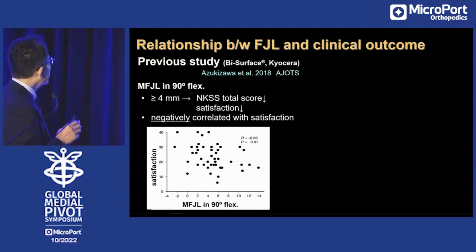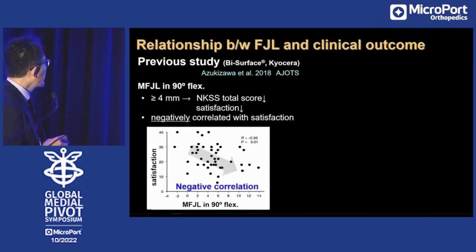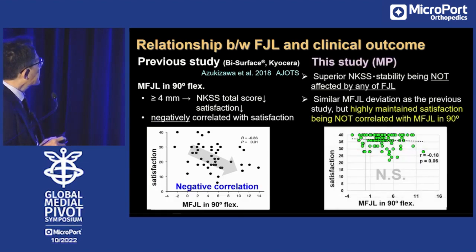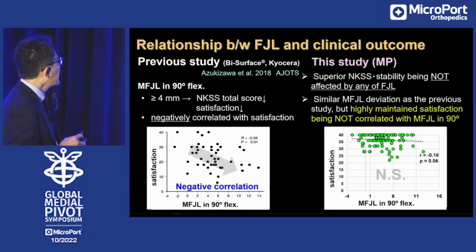They reported that medial FJL in 90-degree flexion, more than 4 millimeters, deteriorates the NKSS total score and satisfaction, and negatively correlated with satisfaction. While this study with Medial-Pivot TKA showed the superior NKSS score and stability not being affected by any of the FJL.